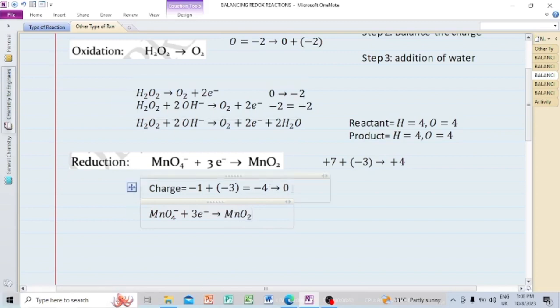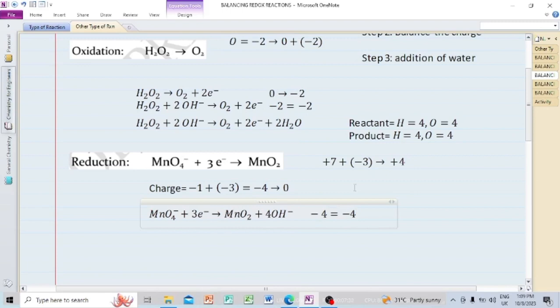So, from -4 to 0, mag-a-add tayo dito sa kabila ng, to make it -4 din on the product side, 4OH negative. Para ang charge ay maging -4 sa product side, we have -4, and on the reactant side, we have 4 times negative is equal to -4. So, equal na yung charge nila.